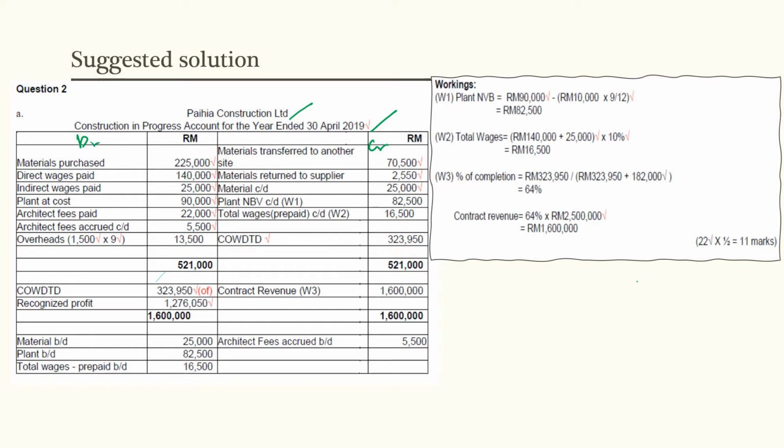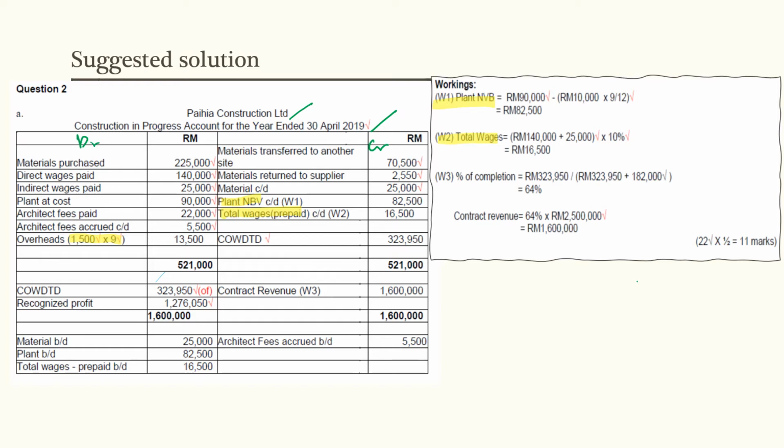Before we close the account, please make sure that for any item which needs further adjustment, for example overheads, the carrying value of the plant, and the adjustment for prepaid wages, you are encouraged to provide the working either on the face of the account, or outside the account.